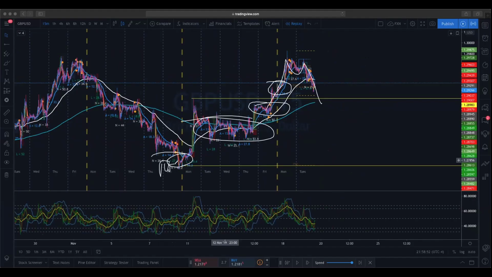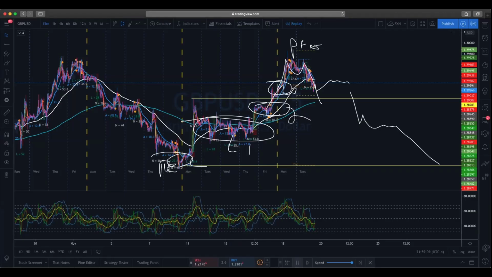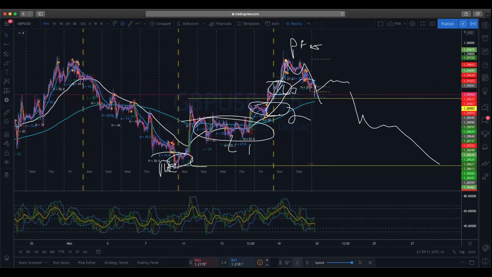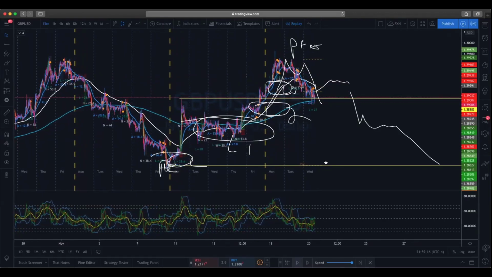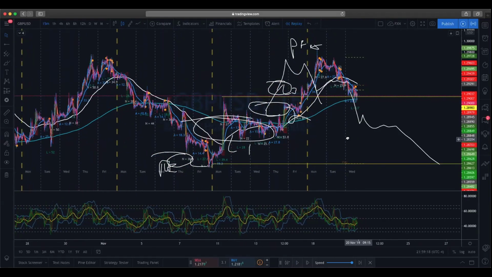So peak formation low, that's level 1. This is level 2. This is 3. Here's your peak formation high. And then this should drop. This should have levels of drop now, if I'm not mistaken. Yeah, it should have levels of drop. Do you see it? Do you get it now, Ismo?